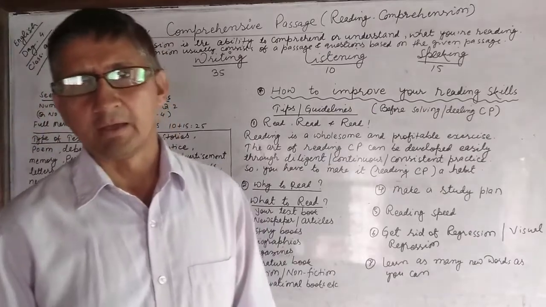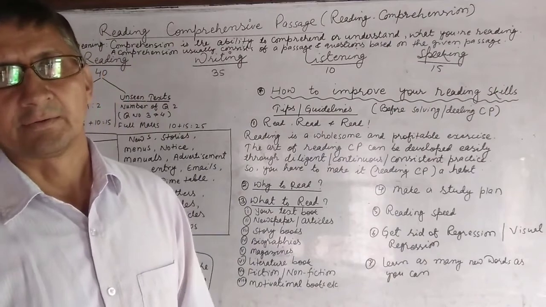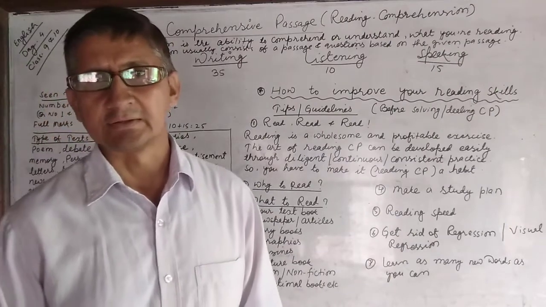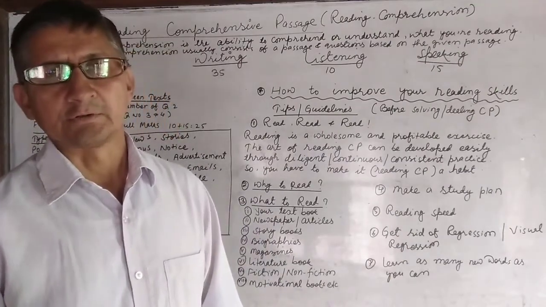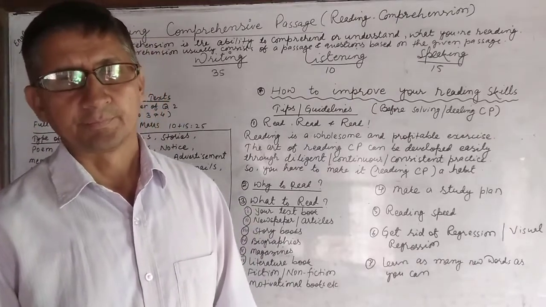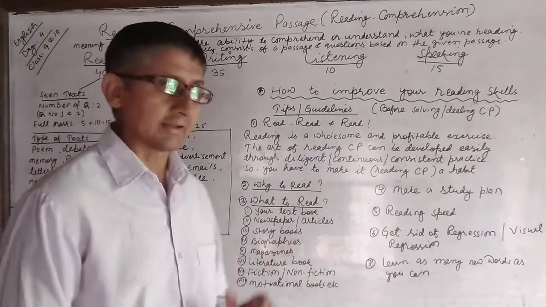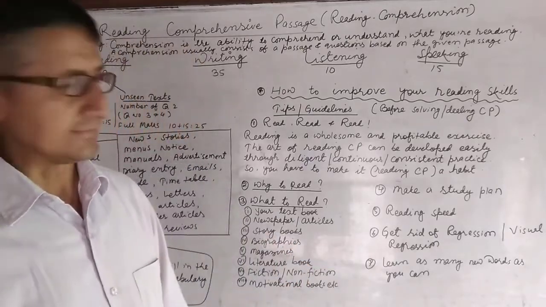You can read the biographies of Mahatma Gandhi, Nelson Mandela. If you are interested in sports, you can read the biography of a sports person. In this way, you can read biographies. Similarly, you can read English magazines.